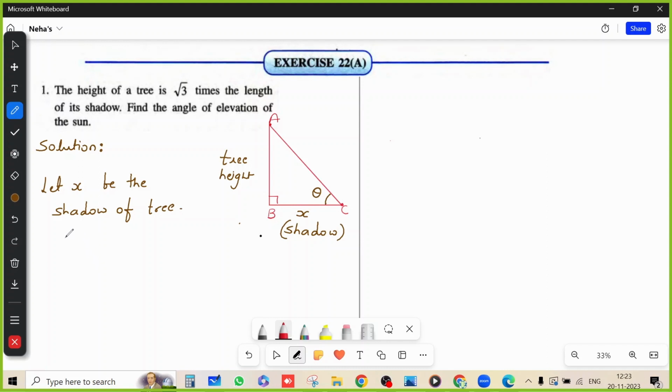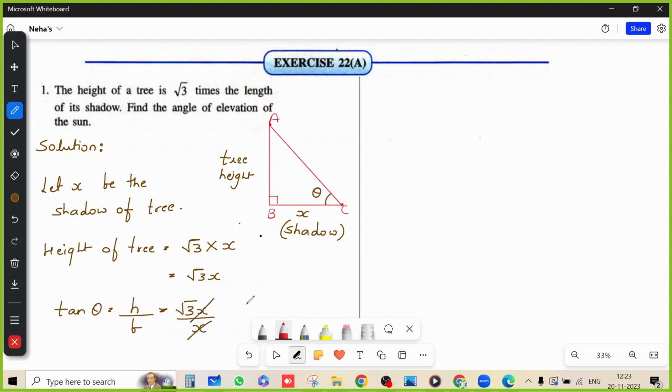According to the given question, the height of the tree is √3 times that of the shadow. So height of tree can be written as √3 times the shadow, which is x in this case. So this becomes √3x. Now we have to calculate the value of theta here, and we know that tan theta is equal to height upon base. So here the height is √3x and the base BC is x.